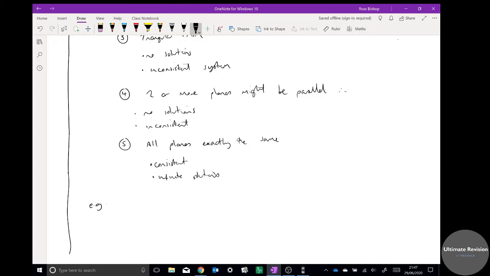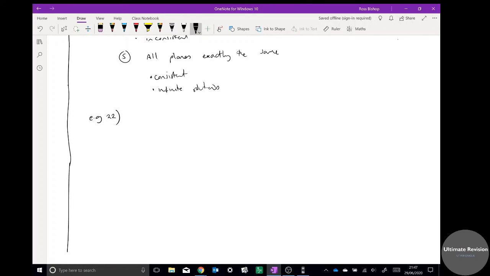This is example 22 from the book, but I'm just going to go through it hopefully a bit more slowly so you can see what's going on. So we've got a system: 3x minus ky minus 6z equals k, and so on.